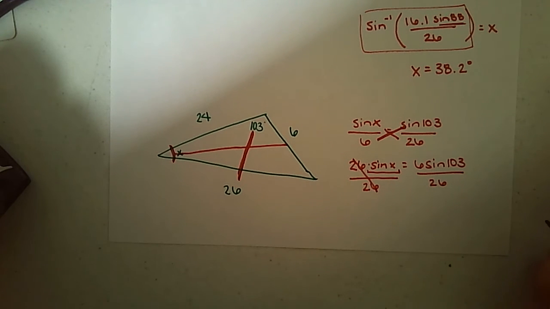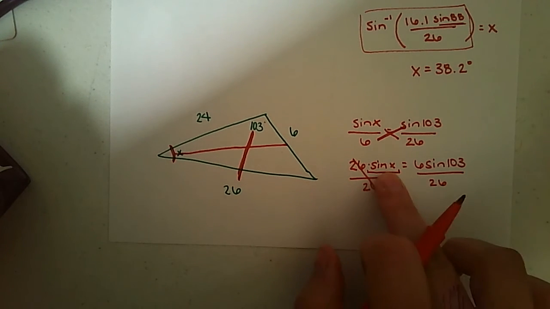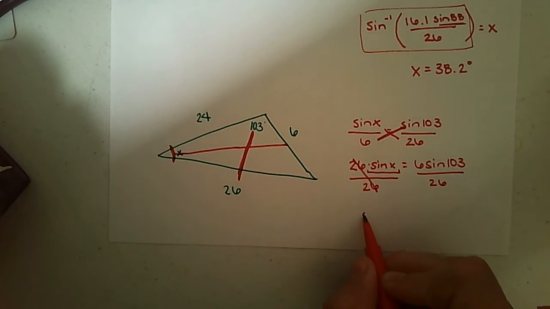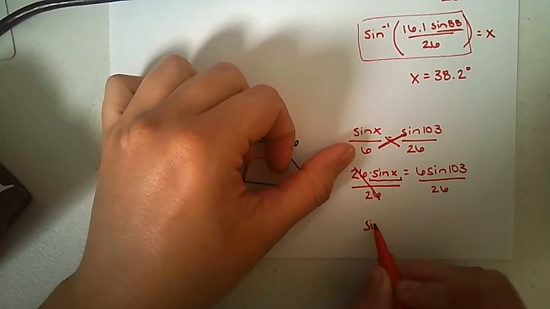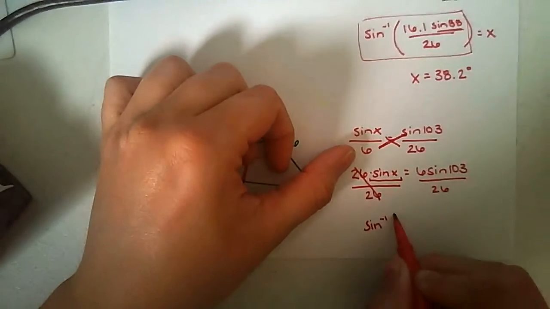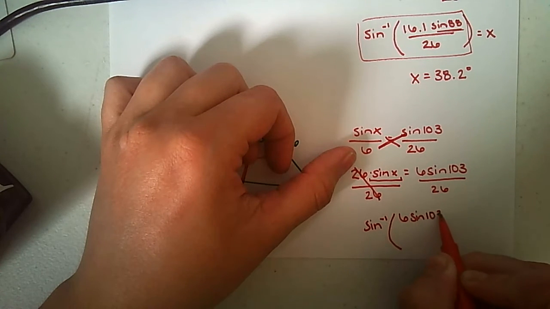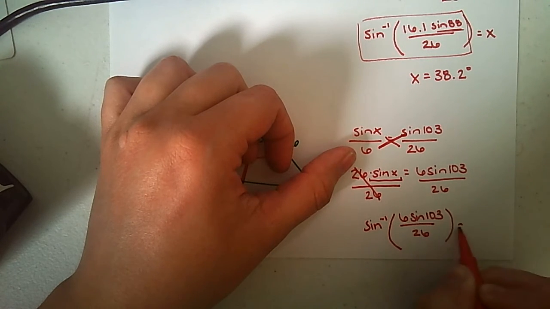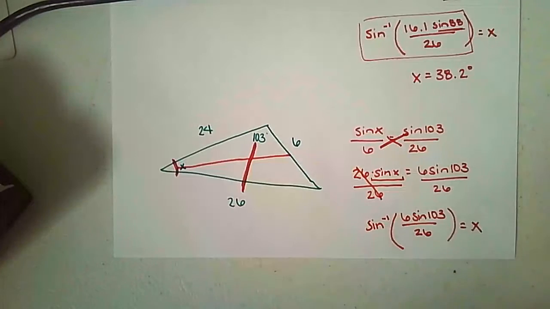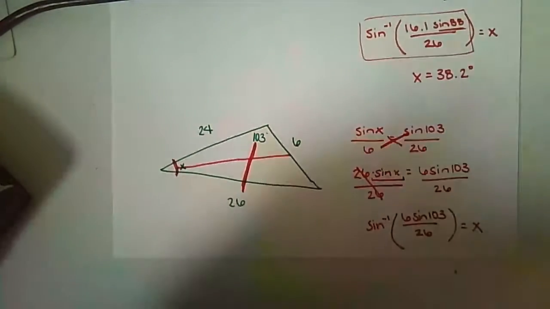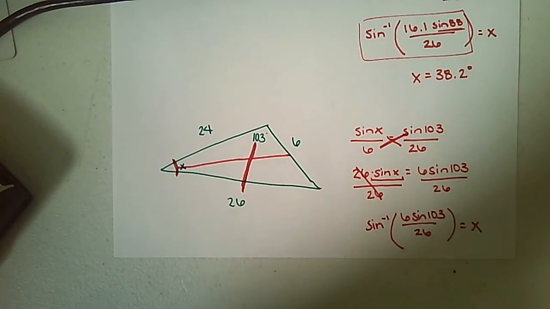And then our last step, remember, in order to find the angle, we have to do that special thing in our calculators. So in our calculators, we have to do that sine of -1 of all of that, and that will tell us what our angle is. So I'm going to type this in all at once again.